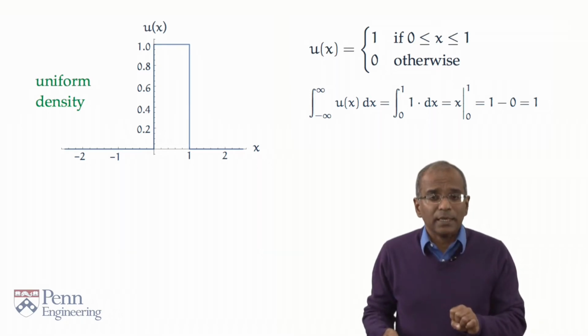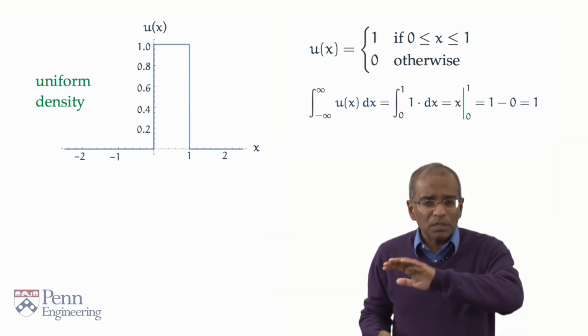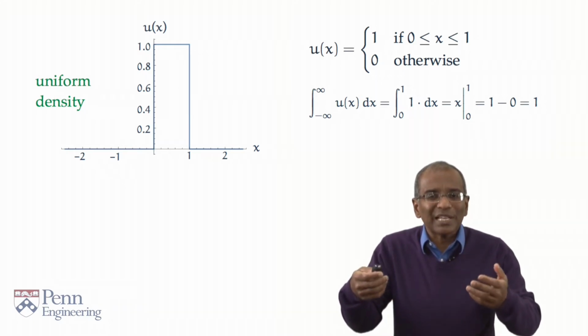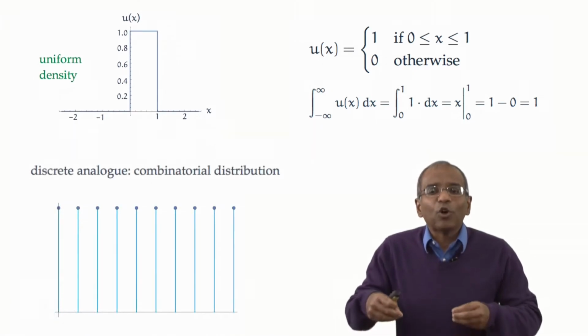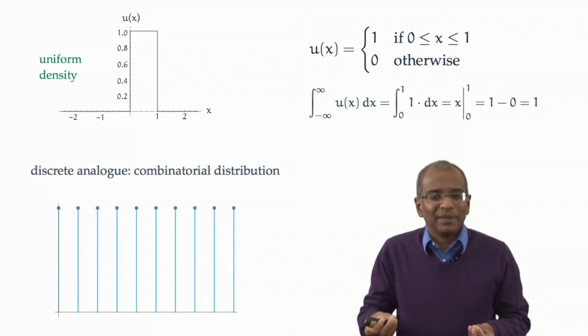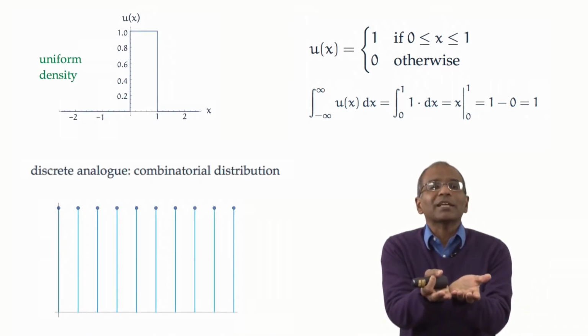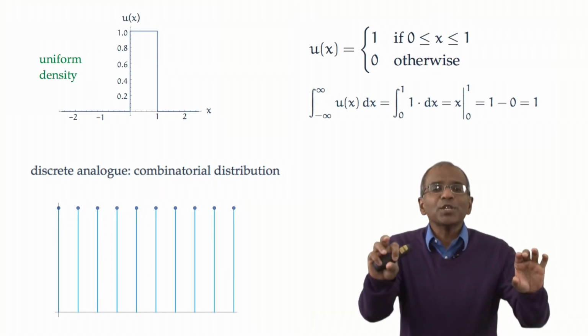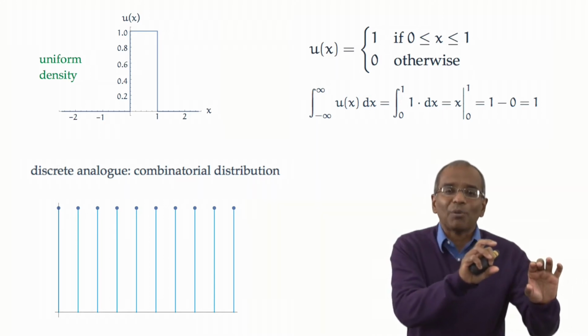This density, which puts mass equally everywhere, is the natural continuous limiting analog of a combinatorial setting. I've given you, for example, a generic combinatorial distribution on a set of possibilities, where each possibility has got the same probability.